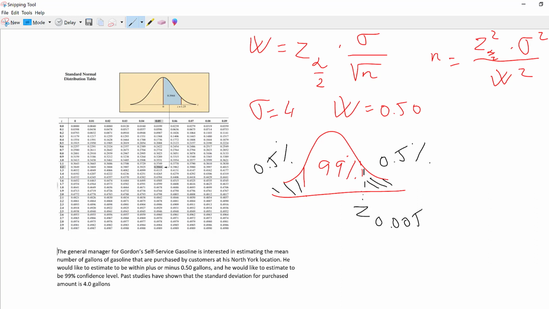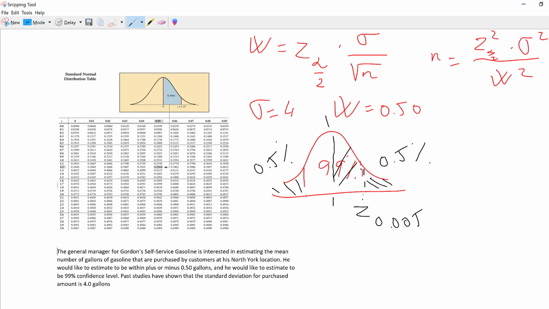So to calculate this critical value, we are using the standard normal table. We know that with this table, we can read the area between z equals 0 and this z value.